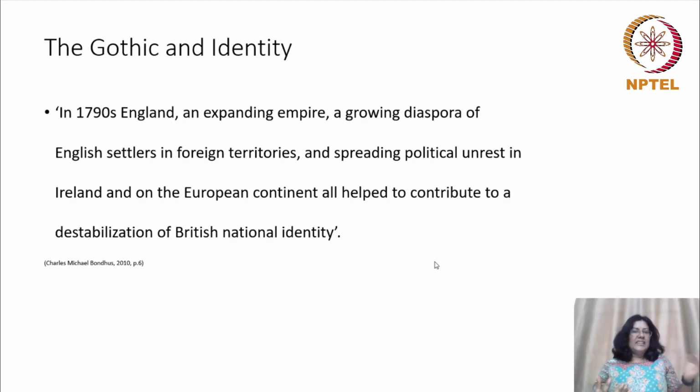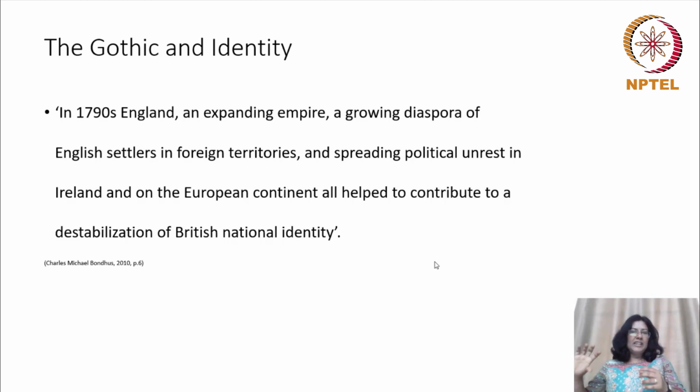We have English settlers across the continent as well as in the eastern colonies as well. So there is further increase in political unrest in Ireland as well as in the European continent. So all these political changes kind of lead to this shift in social cultural identity with regard to the British.